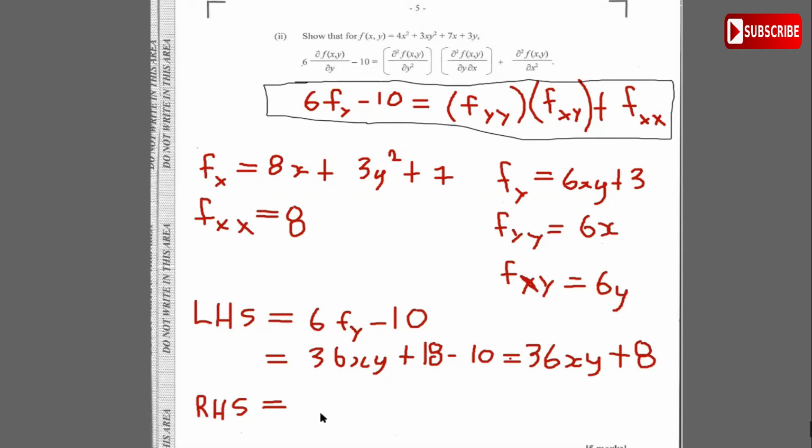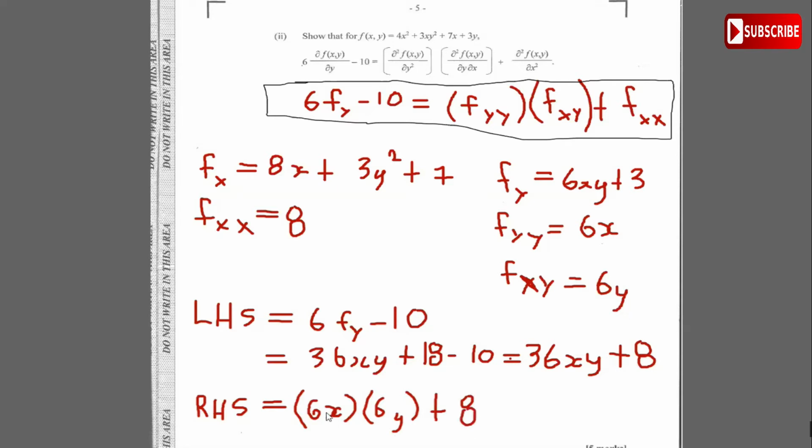Fyy is 6x, and so it is 6x, which is fyy, multiplied by, that is fxy. Fxy is 6y plus fxx, and fxx is 8, so plus 8.